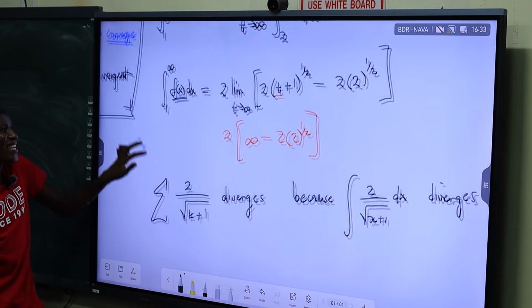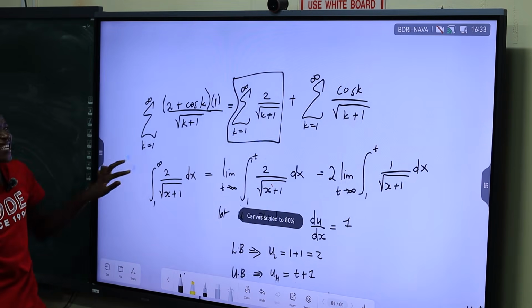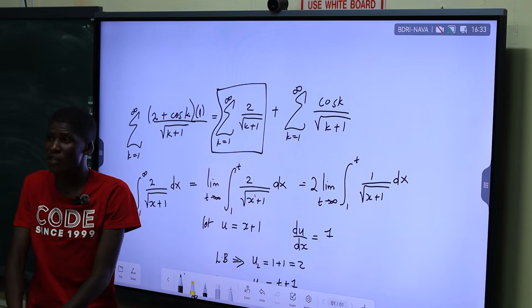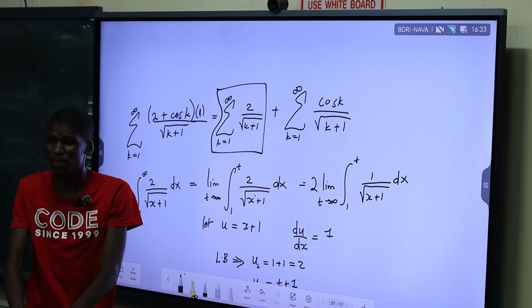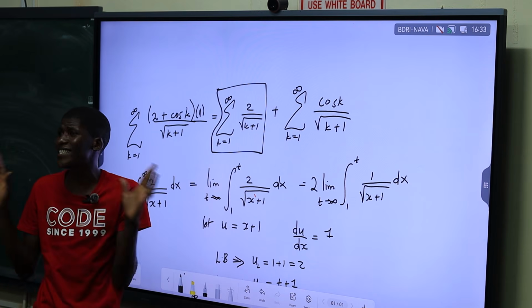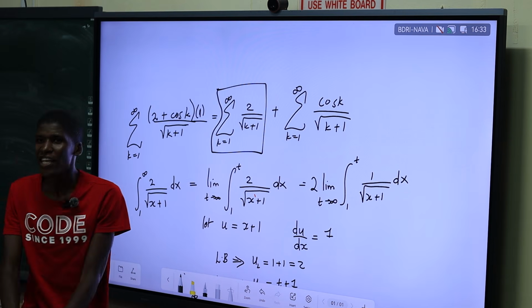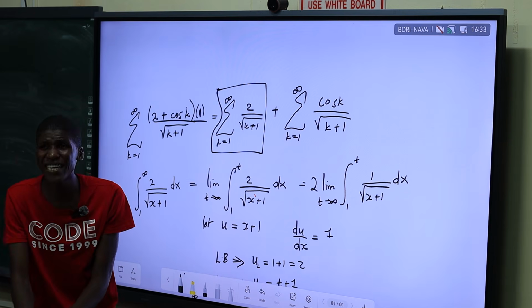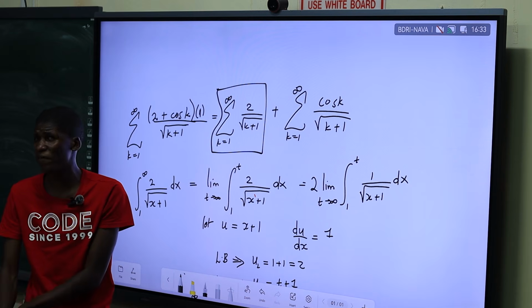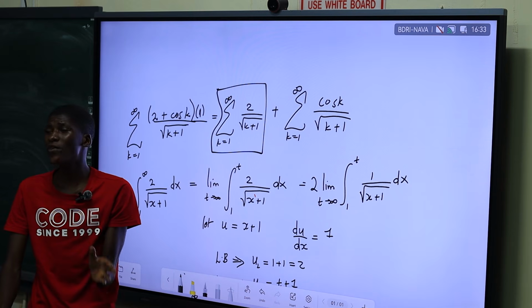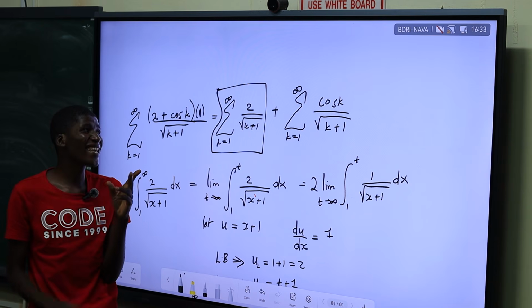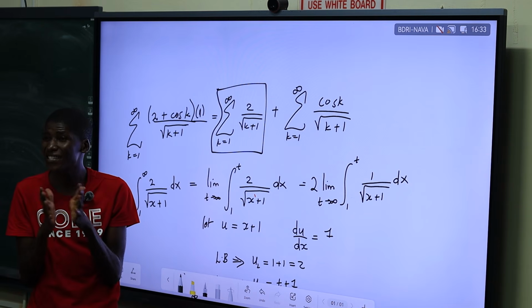And remember, what we want at the end of the day consists of this part and this part. And I say, you cannot say divergent series plus divergent series you get convergent. Impossible. You cannot say convergent plus divergent and then you get convergent or something. No. You cannot add series like that. Basically, a divergent series doesn't have a sum.